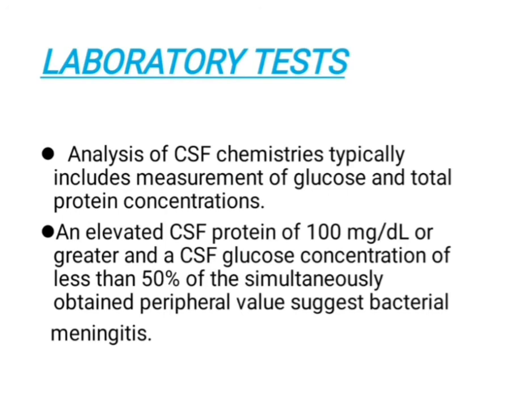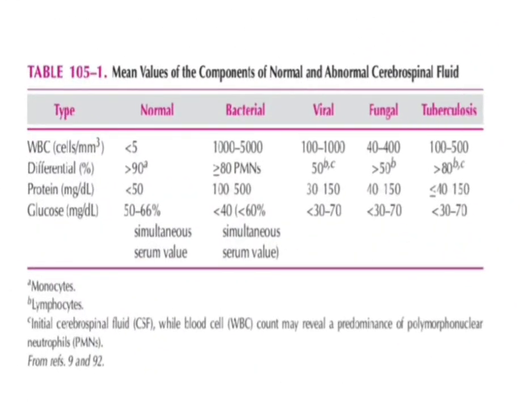Okay. So when we are conducting the analysis of CSF, typically we are measuring the glucose and the total protein content. An elevated CSF protein of 100 mg per dL or greater and a CSF glucose concentration of less than 50% indicates that bacterial meningitis is present. This chart elucidates the CSF glucose, protein, WBC count in normal as well as bacterial, viral, fungal and tuberculosis infections.